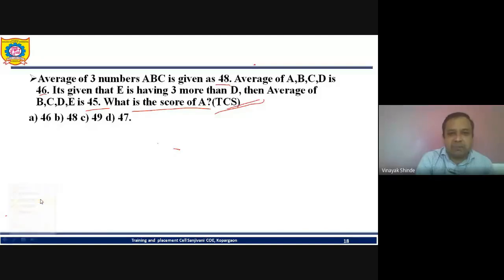Write the mathematical statement for the given problem statement.